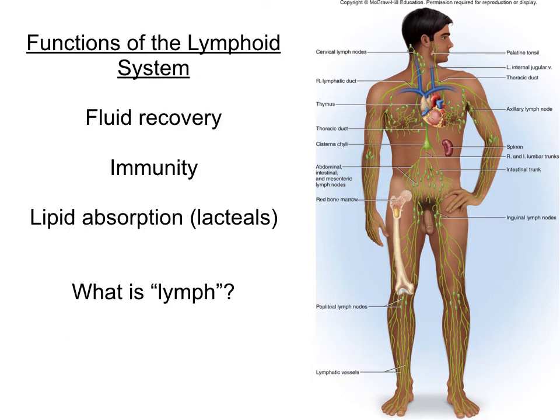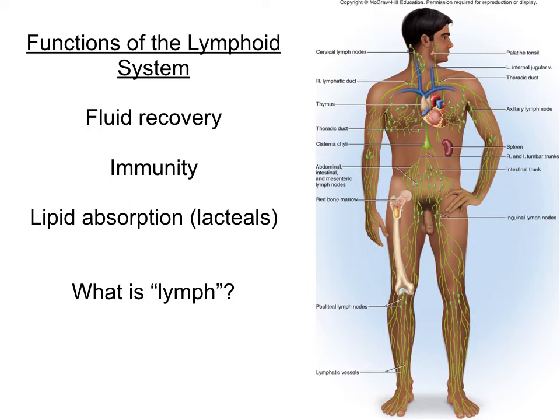Now, let's talk about the functions of your lymphoid system. The first, fluid recovery, was touched on in the last chapter. Your lymphatic vessels are responsible for absorbing the 15% of extra fluid not reabsorbed into a blood capillary, and then eventually carry that fluid back to the blood itself.